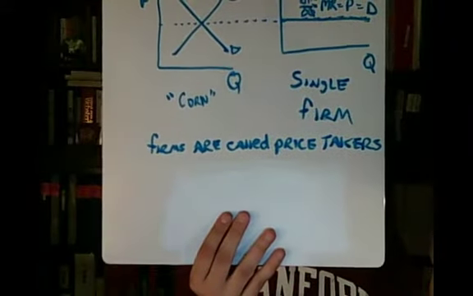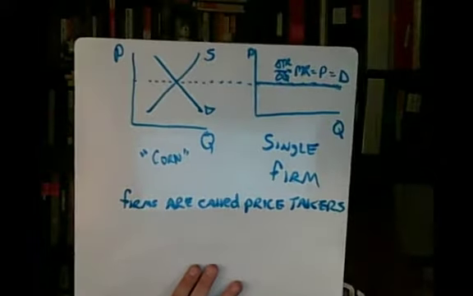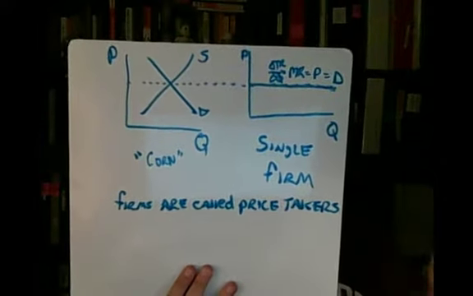Now, firms in this case are called price takers. And each firm's input is basically a perfect substitute for a different firm.